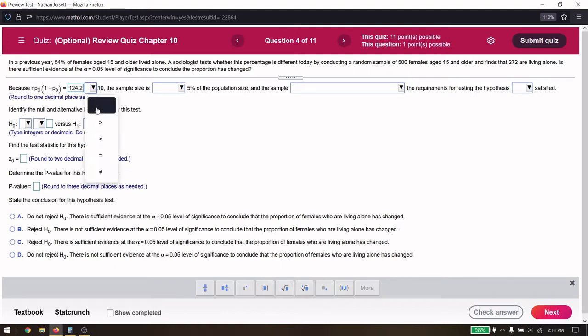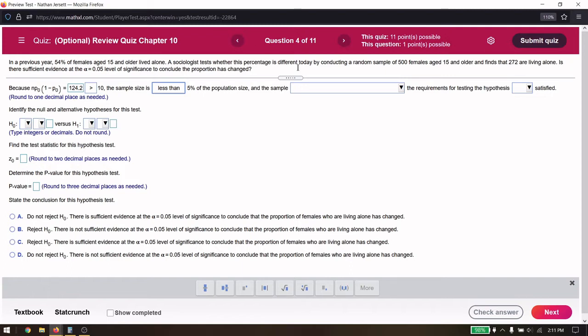And this is definitely greater than 10. And since we're talking about females aged 15 or older, 500 females is definitely smaller than 5% of the total population in whatever country you're talking about. There's no way that's going to be greater than 5%.